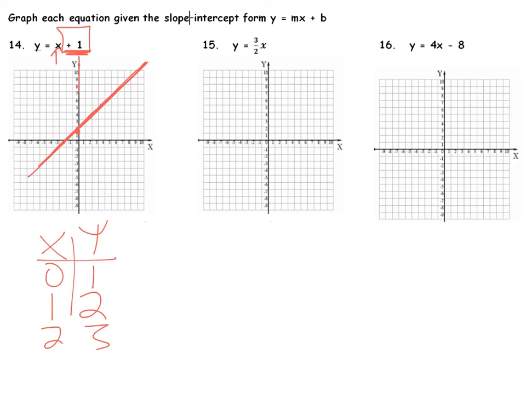The next one doesn't have any final number. Wonder what that means. Let's plug in 0 for x. And look, I get 0 for y. If there's no number after the x, that means it goes right through the origin.